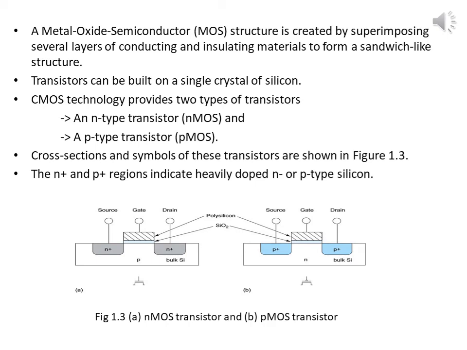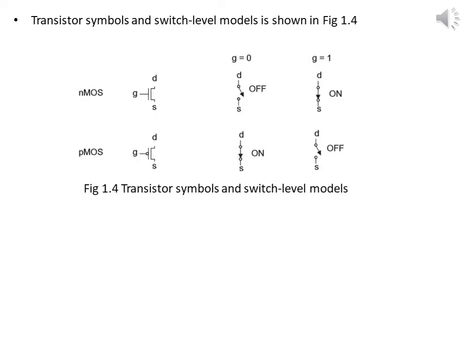So PMOS transistor is just opposite of that of NMOS transistor. It is on when the gate is low and off when the gate is high. Next, in the figure you can check the transistor symbols and switch level models, where NMOS and PMOS are shown.